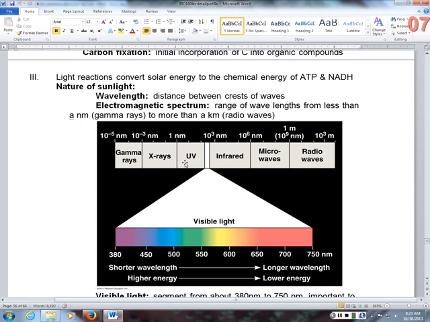So UV light still is able to cause some damage, but it doesn't cause as much damage to us as X-rays do. So you can have more exposure to UV radiation than you can to X-rays or gamma radiation without it causing damage, just because of it being lower levels.